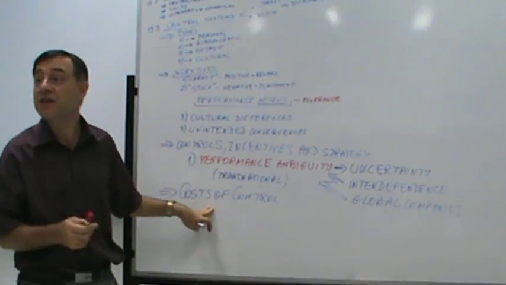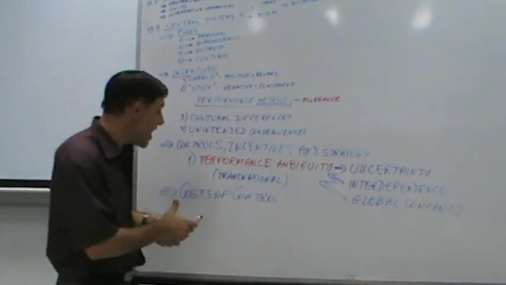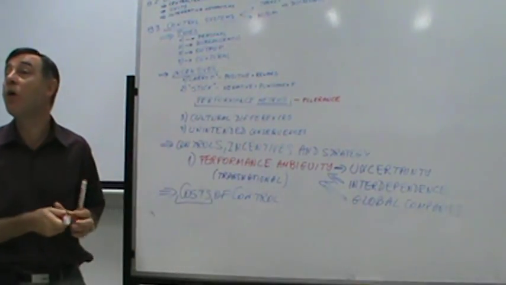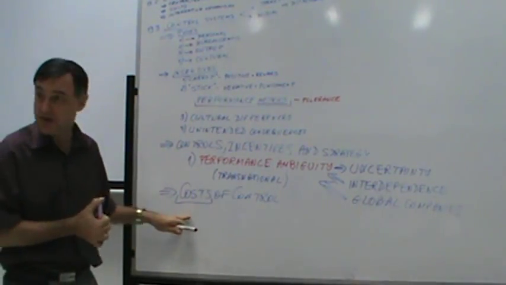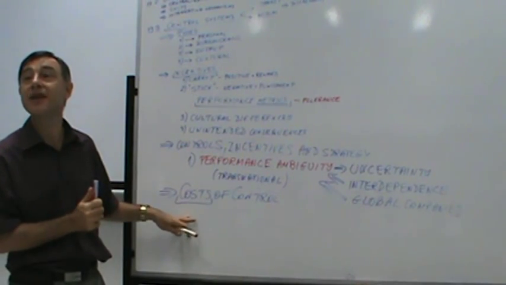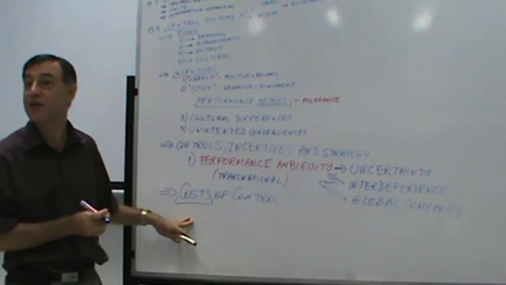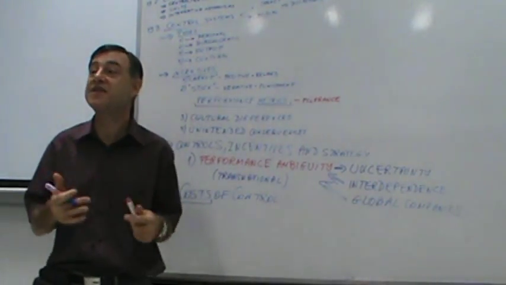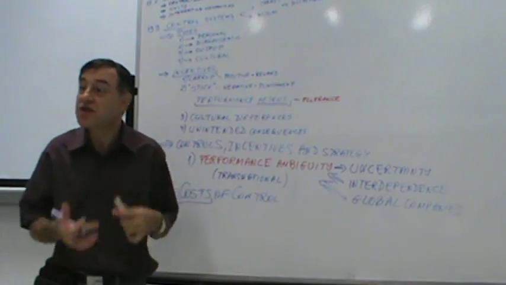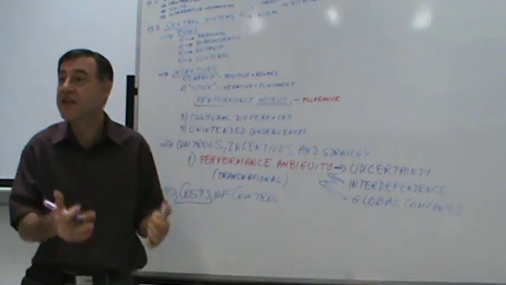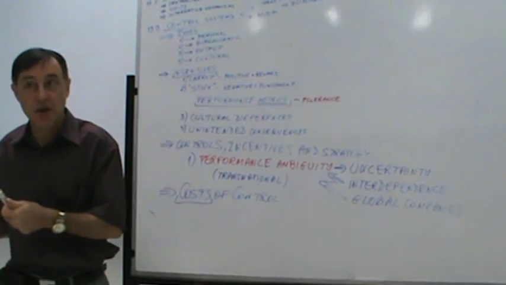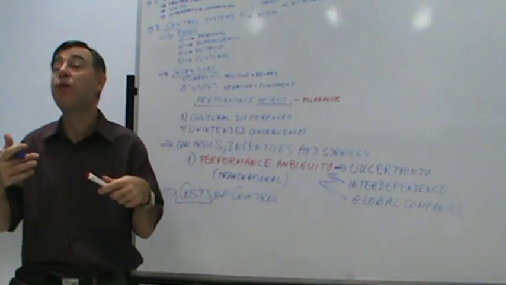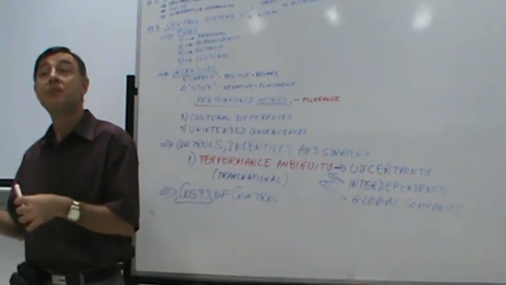Any type of control system has costs. It always has costs. It is an illusion that a control system can be designed to be free. Someone would be wasting their time and effort, which they could use for more productive purposes.